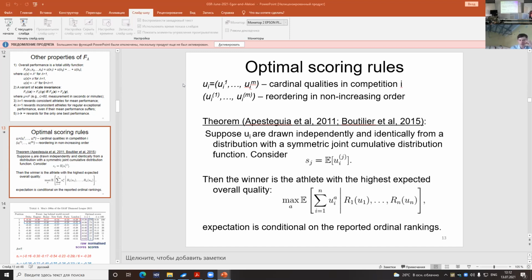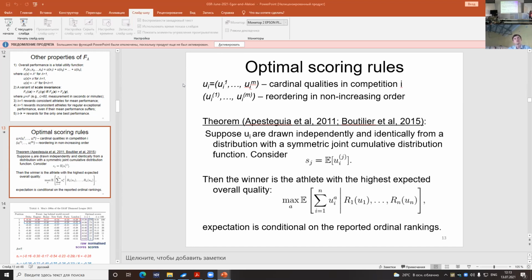Symmetry here means neutrality with respect to athletes. Consider a scoring rule which is purely ordinal, where the score for position j equals the mathematical expectation of the cardinal quality of the athlete who was on the jth position in competition i. Here i is not important because we suppose that all u_i are drawn independently and identically.